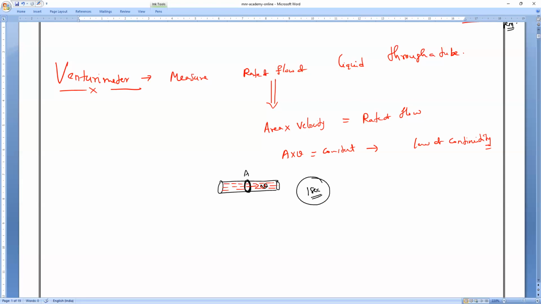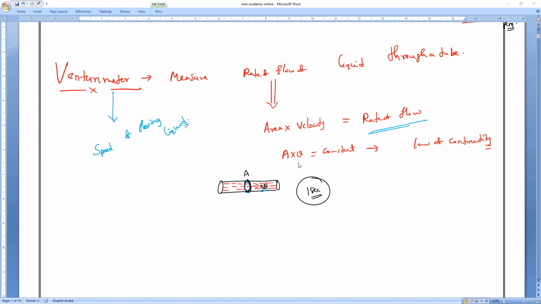That is what we call the rate of flow. Do you understand? Simply put, the Venturimeter is a device which helps us measure the speed of flowing liquid.